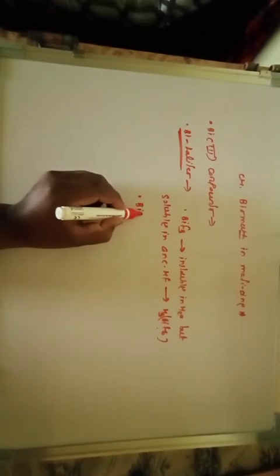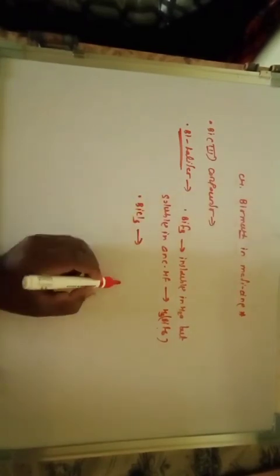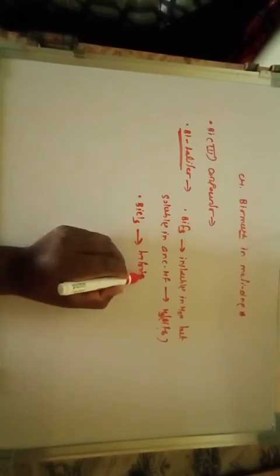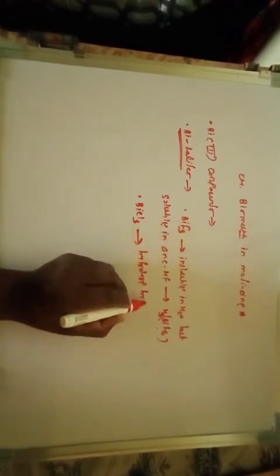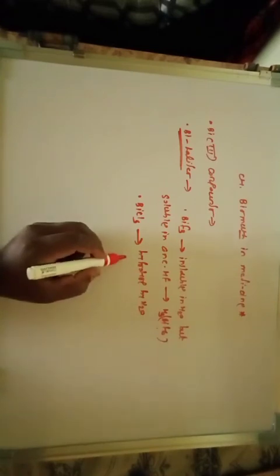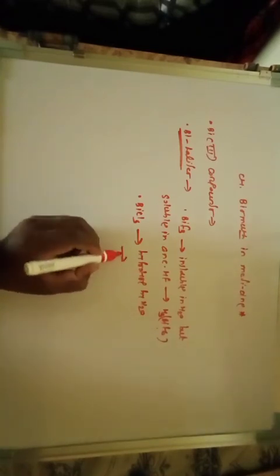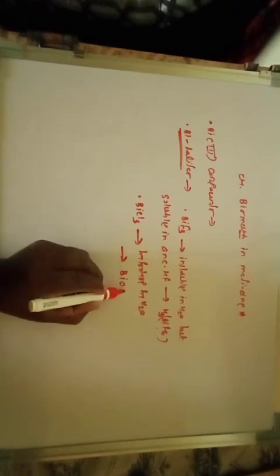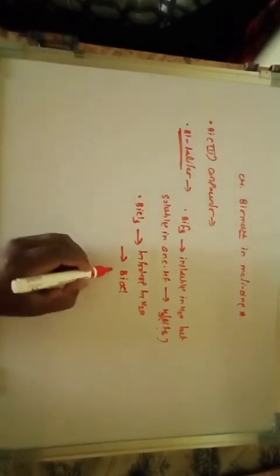The second is BiCl3. It is hydrolyzed by water and converts into BiOCl, that is bismuth oxychloride.